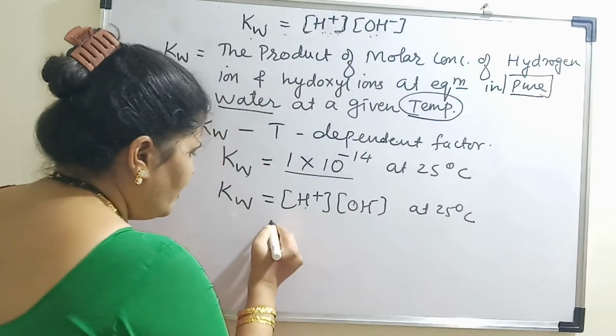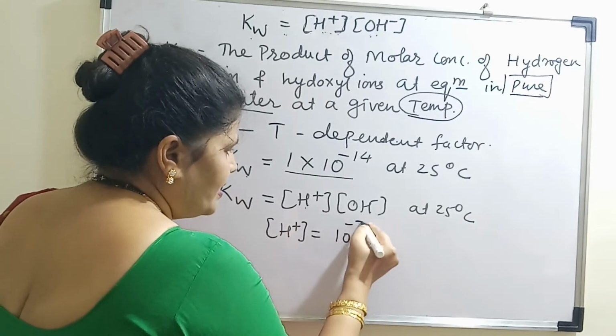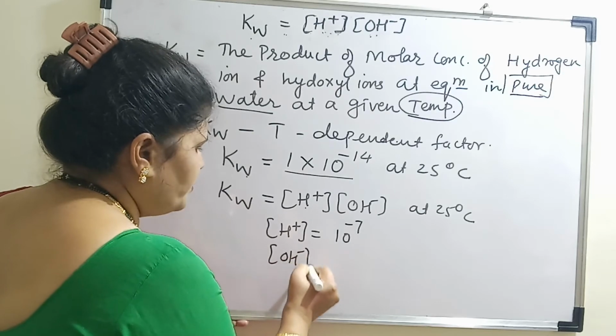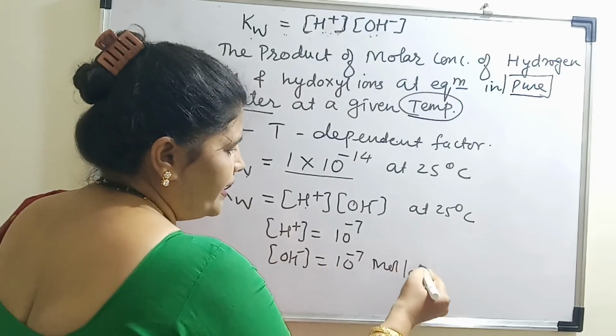So what will be the concentration here, students? H plus will be 10 raised to minus 7 mole per dm cube, and OH minus ion concentration will also be 10 raised to minus 7 mole per dm cube.